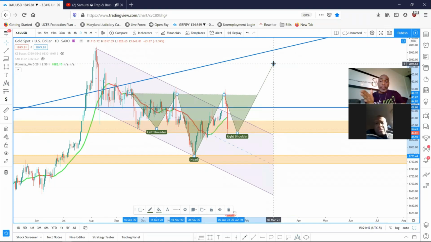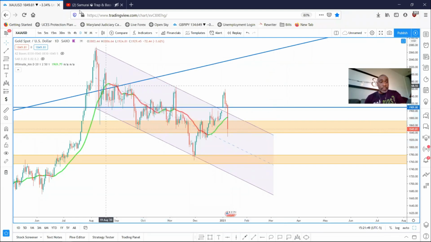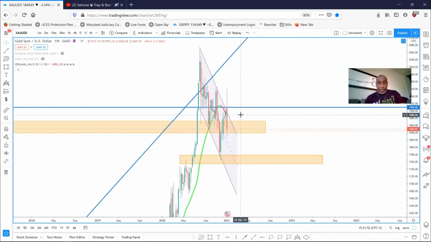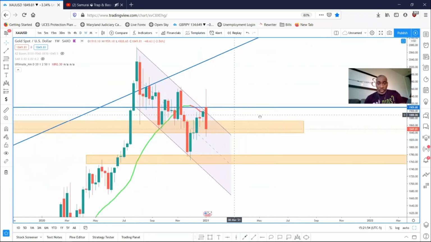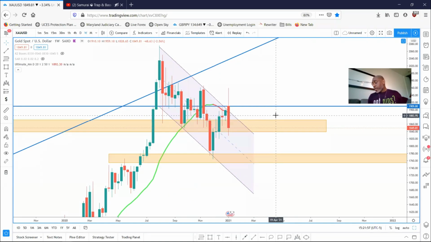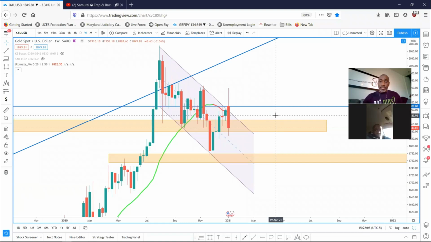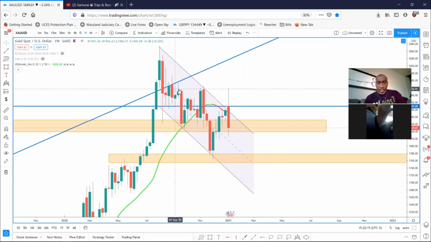All right. Now, here is the other thing. When you look at things on a weekly time frame, the last 2 weeks, tell me what pattern that is. Just looking at the last 2 candlesticks, somebody tell me what pattern that is. Engulfing. There you go. If you notice, the market made a huge wick back up into this area here before pushing back down.